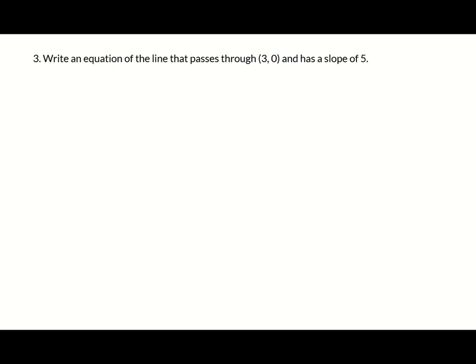The last example I'm going to do, it says write an equation of the line that passes through (3, 0) and has a slope of 5. So they are giving us the slope right now. So we're going to write y equals mx plus b, because we're doing all of these in slope-intercept form. I know that this is my x and my y, and my slope is m.